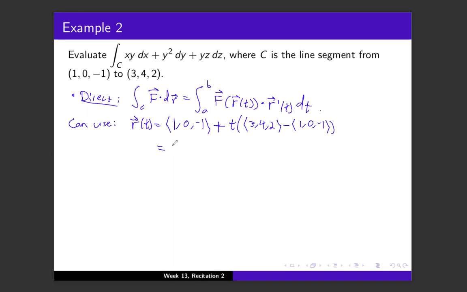In other words, that's going to become 1 plus 2t, 4t, and -1 plus 3t, which means r prime of t is then going to be 2, 4, 3.